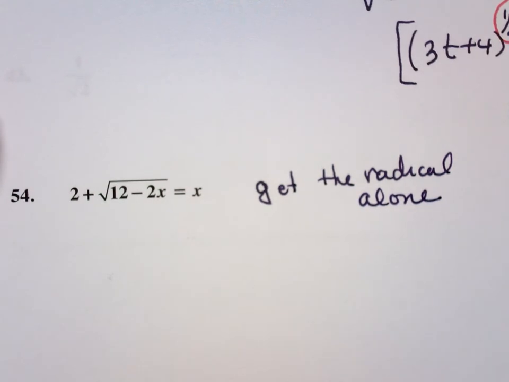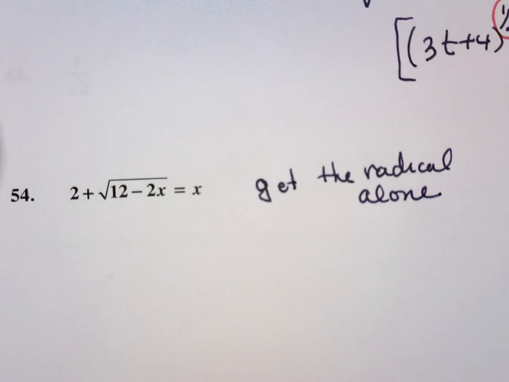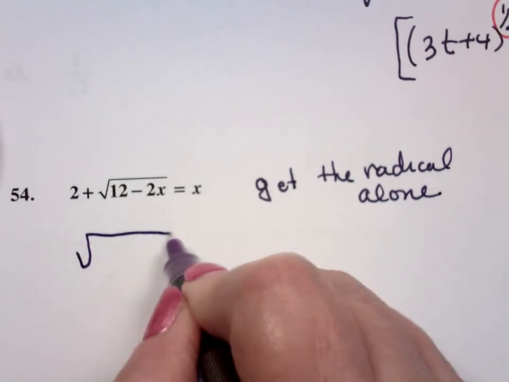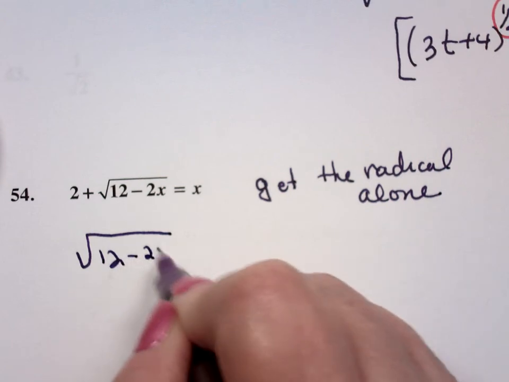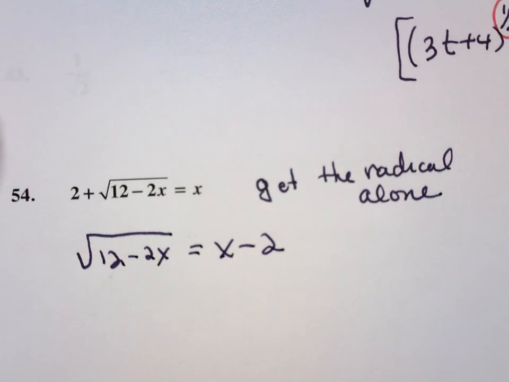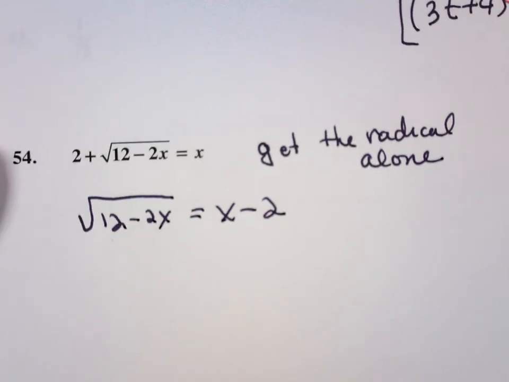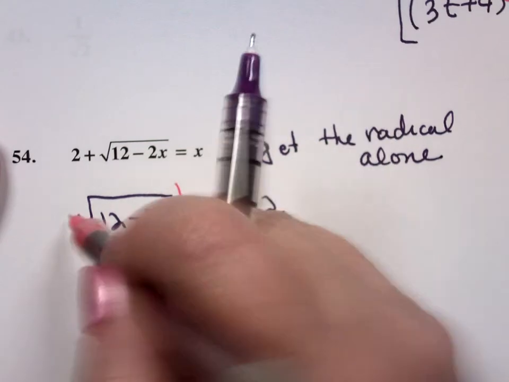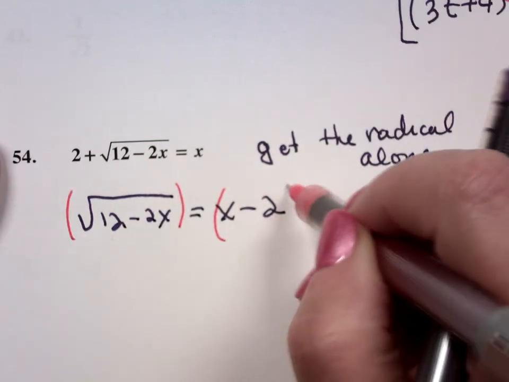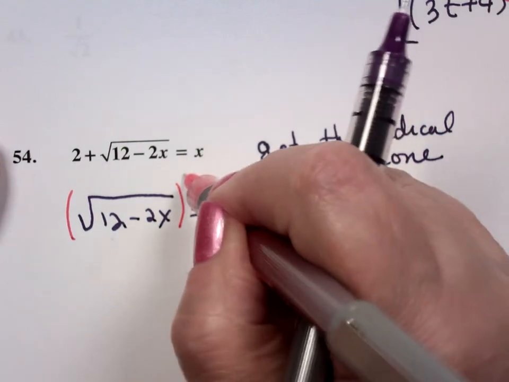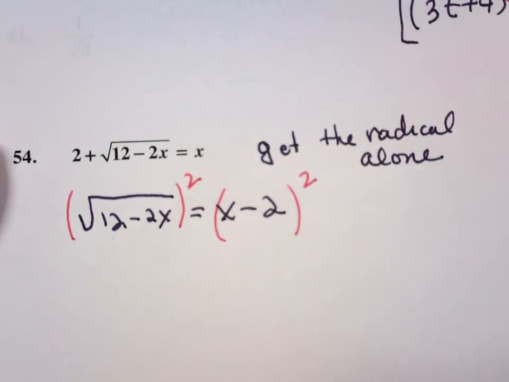Then when you square him, it kills him off. So I'm going to subtract 2 from both sides, so that the square root of 12 minus 2x equals x minus 2. Now I've got a square root. See, there's my left-hand side, there's my right-hand side. The square root is by himself, so when I square him, he goes away.